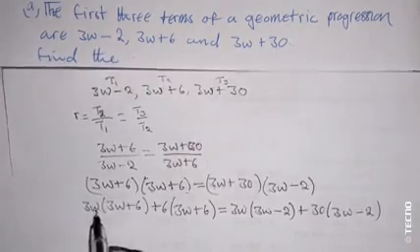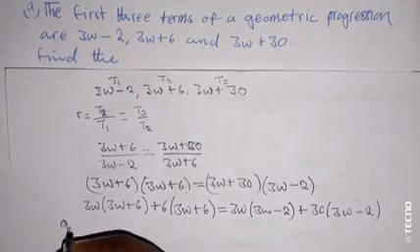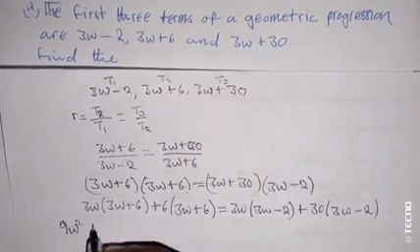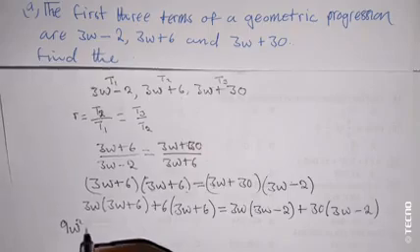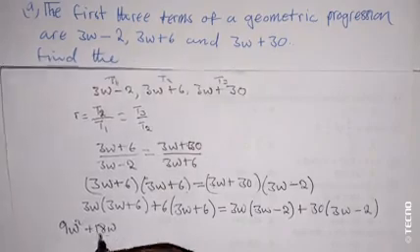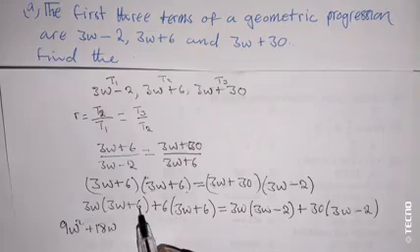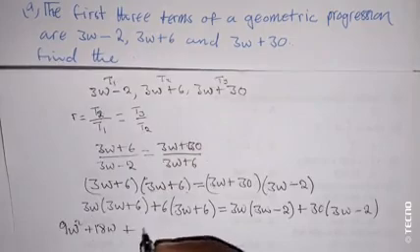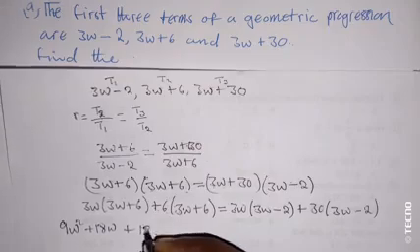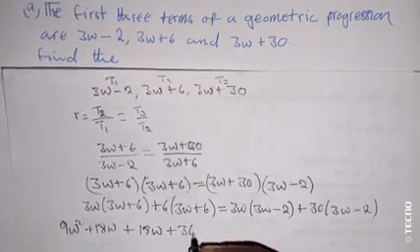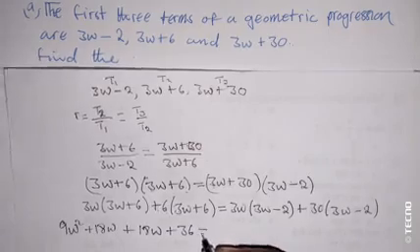Expanding this, we are going to have 9w squared plus 18w, since 3 times 6 is 18w, then plus 18w again, then plus 36, is equal to 9w squared minus 6w, because of the minus there, then plus 90w, then minus 60.